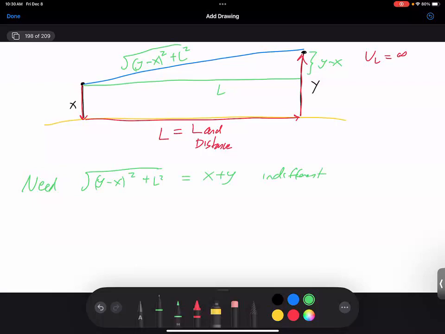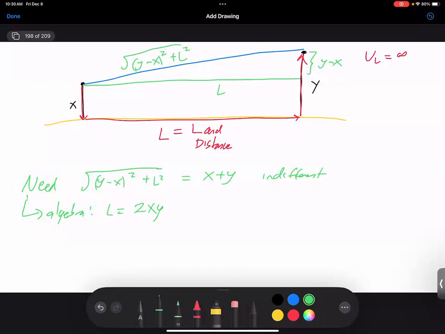So what should L be so that y minus x squared plus L squared is x plus y? L is just 2xy.